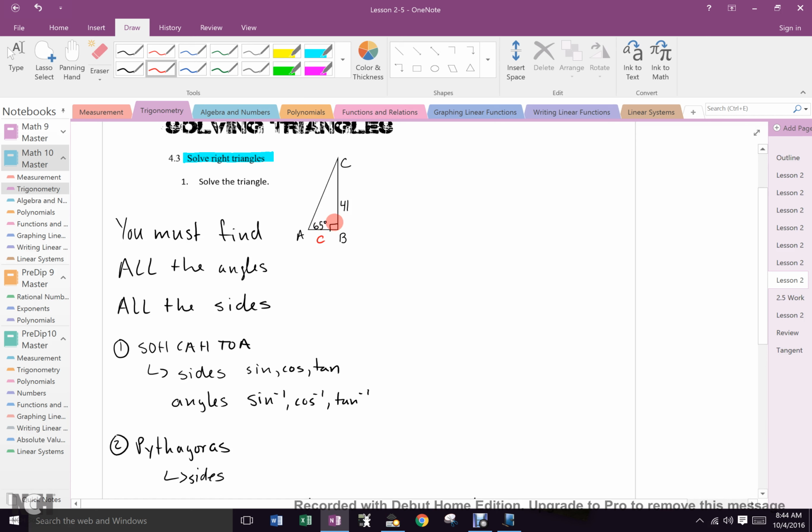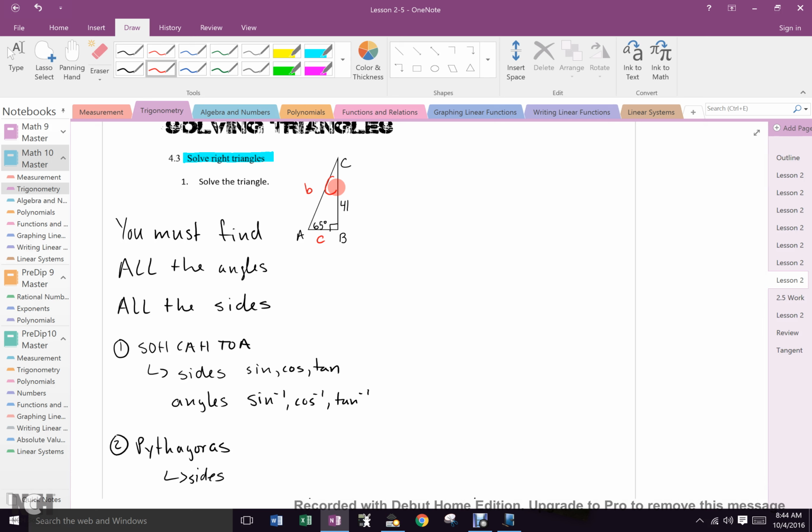And I need this side, which is little b, because it's across from big B, yes? And I need angle C right here, right? So I'm going to put a big C in there.